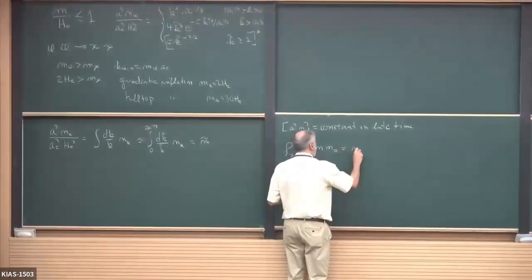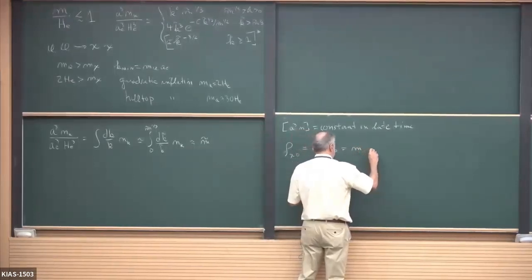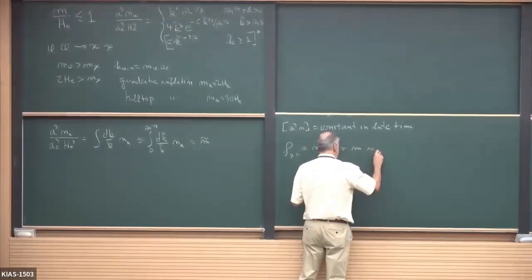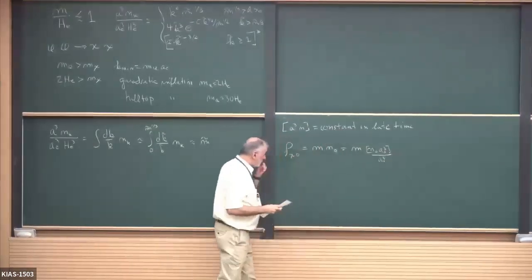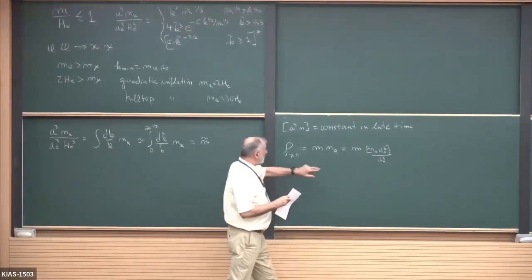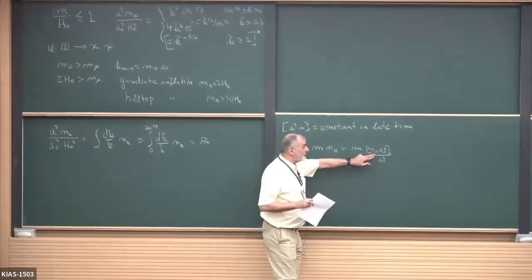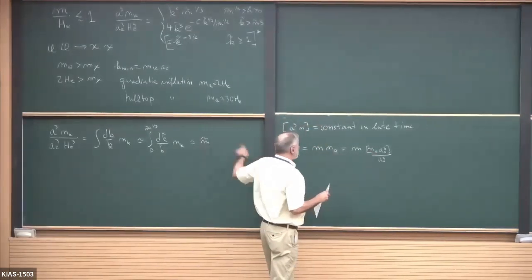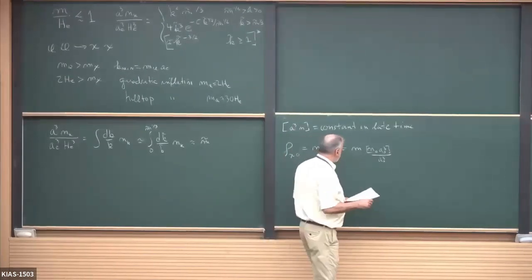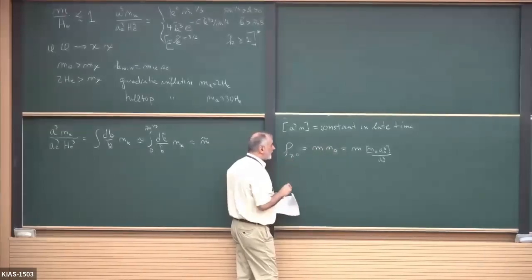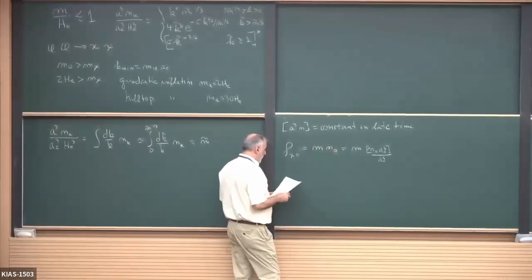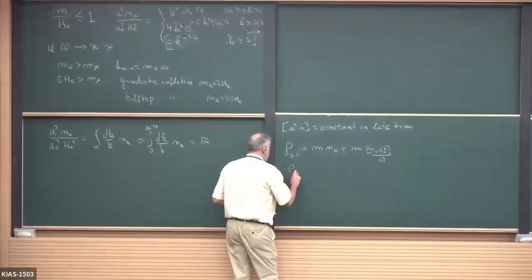And this is the mass times n0 a0 cubed over a0 cubed. This is constant in time. That's what we just calculated. So this would be the mass energy density in chi today. And we're going to compare this to the critical density today.